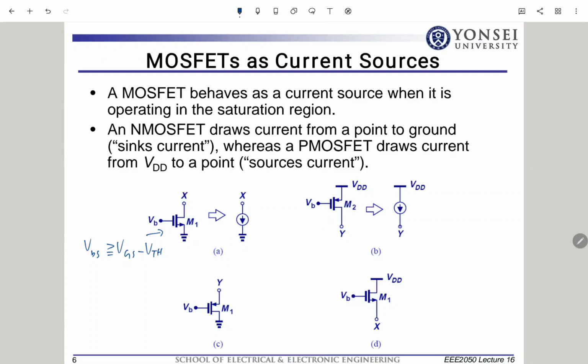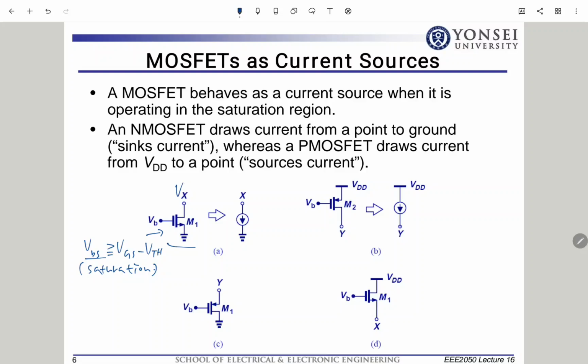Saturation, right? If the transistor is in the saturation region, then it provides constant current regardless of VDS.